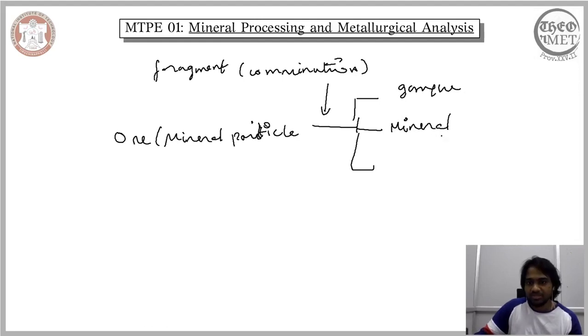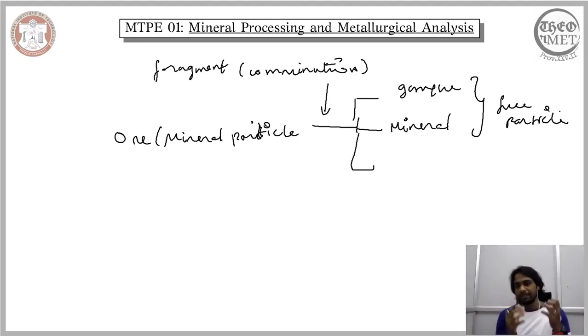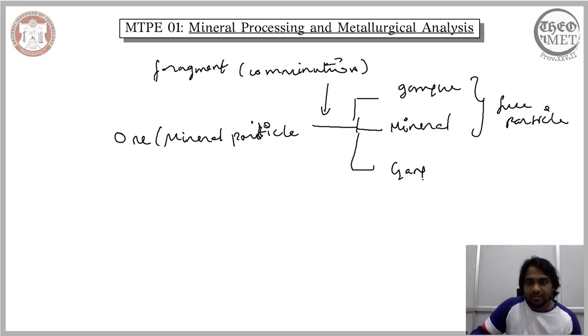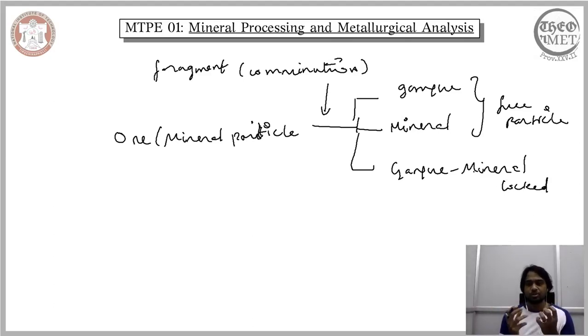These are chemically homogeneous, and are referred to as free particles, because whether these are impurities or our useful mineral, chemically they are homogeneous. There is no coexistence of the gangue and the mineral. And the other particle is the combination of gangue and the mineral. This we refer to as the locked particle. This is not chemically homogeneous, and it has the combination of our desired mineral and the impurities associated with it.